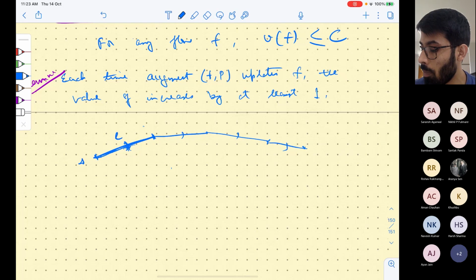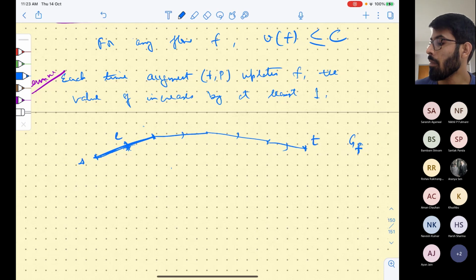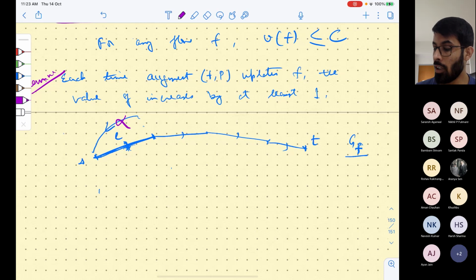Since the path is from S to T in the residual graph GF, this edge has to be a forward edge, because S does not have any incoming edges in G. If it was a backward edge, that would mean S would have some incoming edges in G, which is not possible. So this has to be a forward edge.